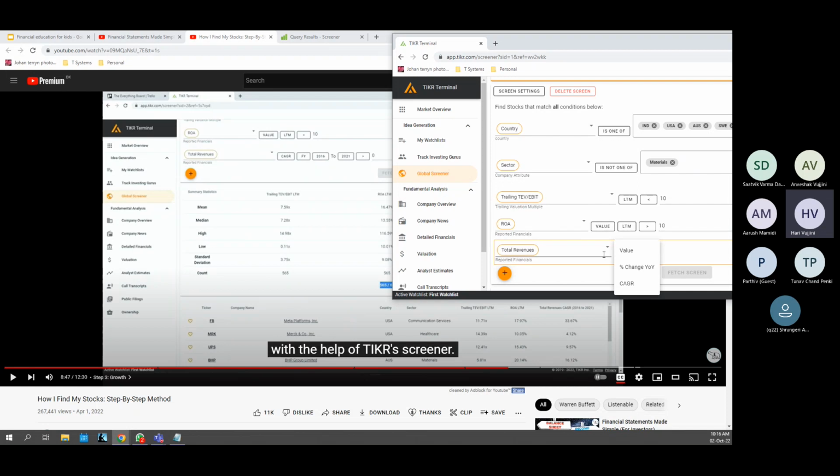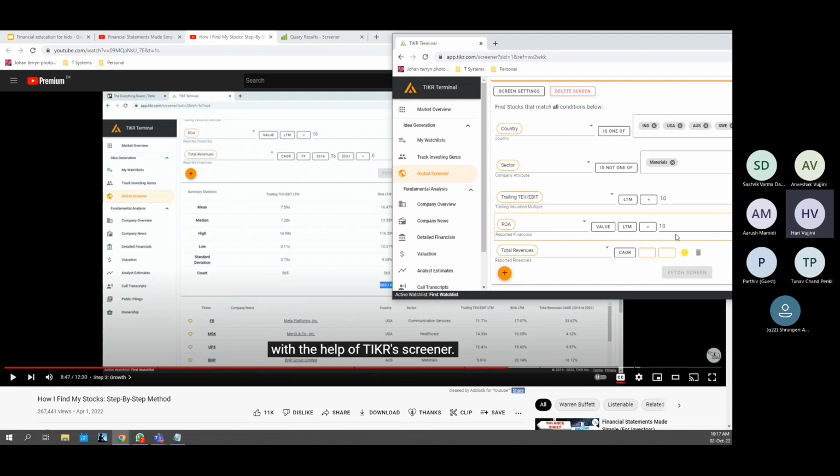So, total revenue. We are taking CAGR, which stands for compound annual growth. It's growth that also accounts for compounding.